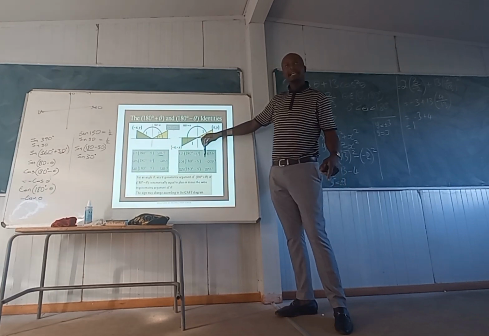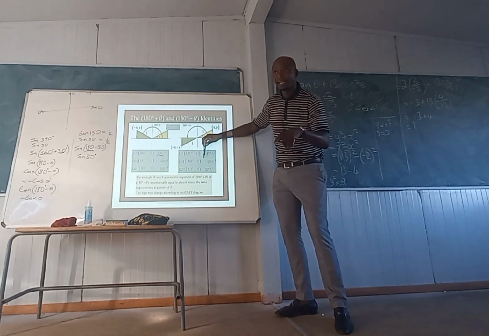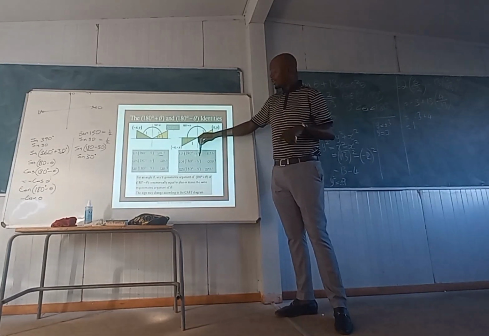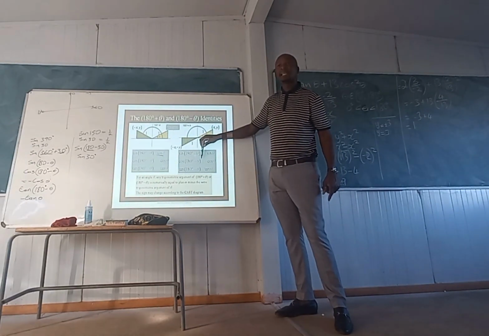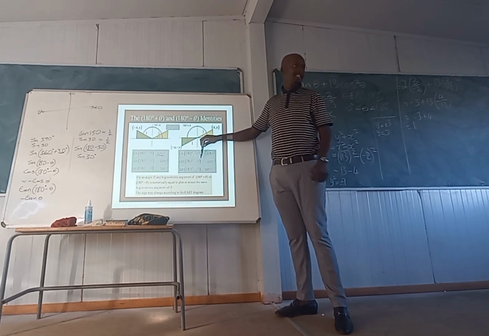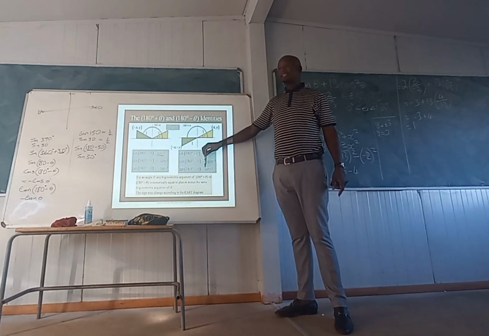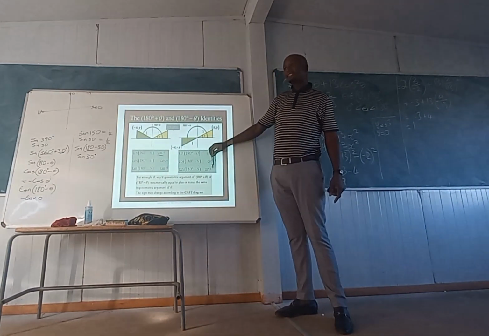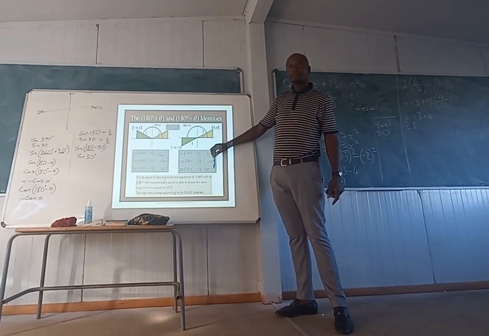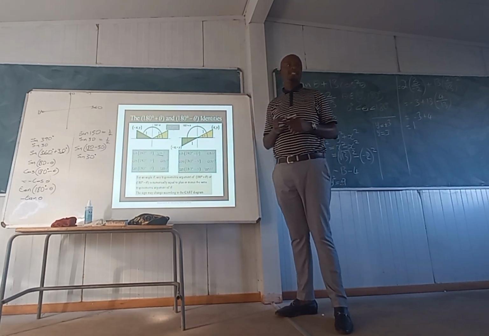Negative cos theta, because cos in the third quadrant is negative. Tan 180 plus theta is positive tan theta, because tan in the third quadrant is positive.